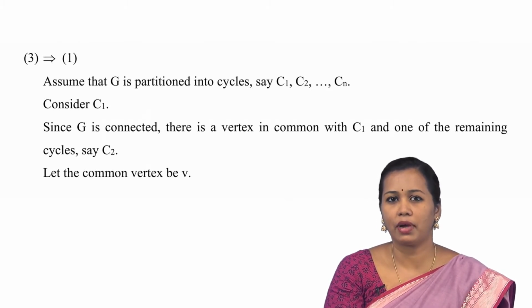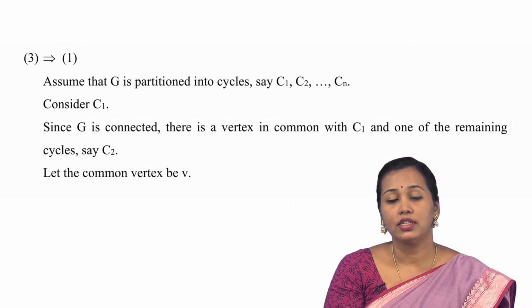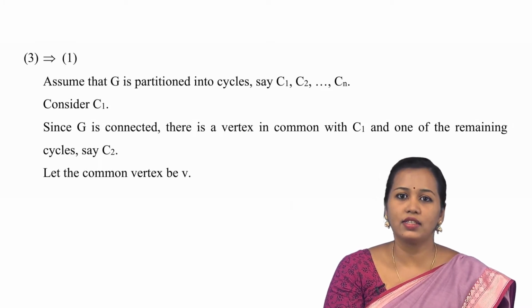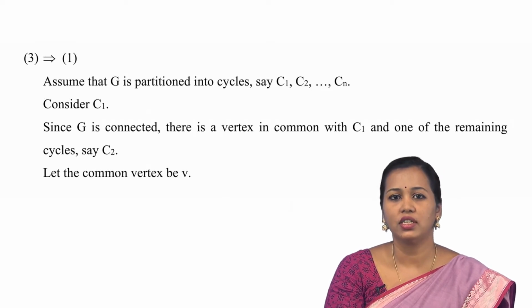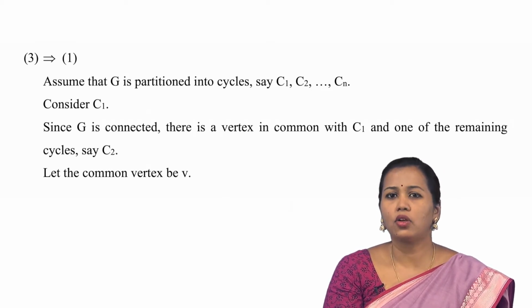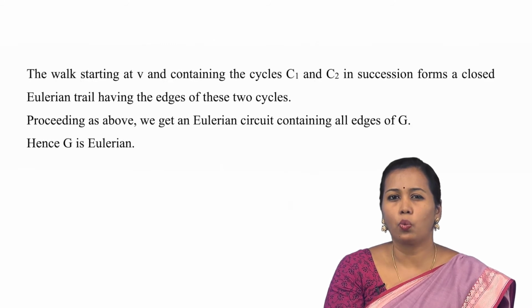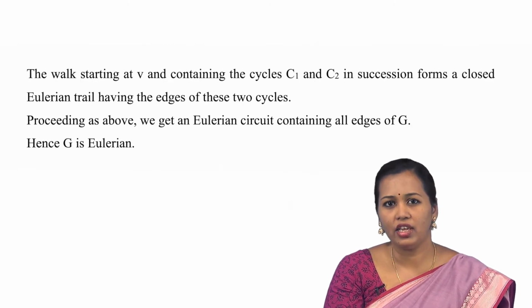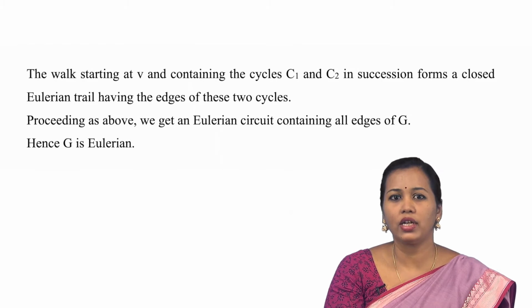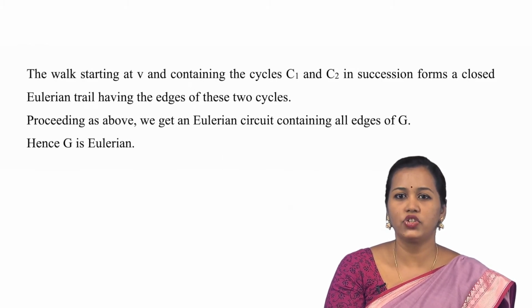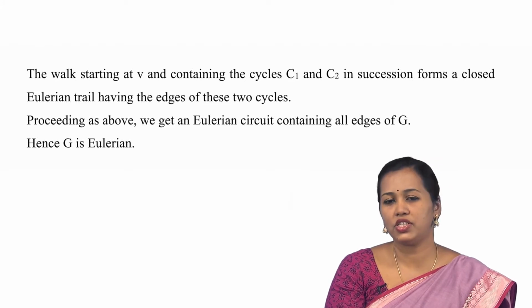Assume that G is partitioned into cycles, say C1, C2, and so on up to Cn. Consider C1. Since G is connected, there is a vertex in common between C1 and one of the remaining cycles, say C2. Let the common vertex be V. The walk starting at V and containing the cycles C1 and C2 in succession forms a closed Eulerian trail having the edges of these two cycles.